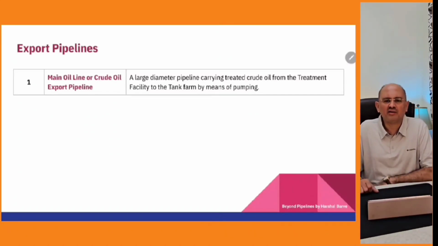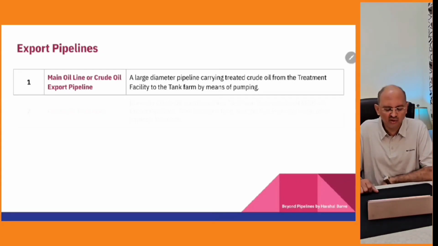Then come the export pipelines, because now we have reached from the well by means of trunk lines, bulk lines, loop lines, all the way to the processing facility, and from there we have done the separation and all this conditioning, and now the export pipelines start from there.